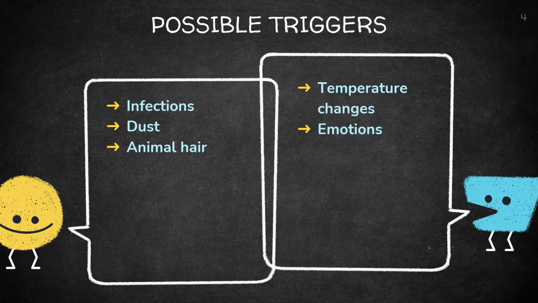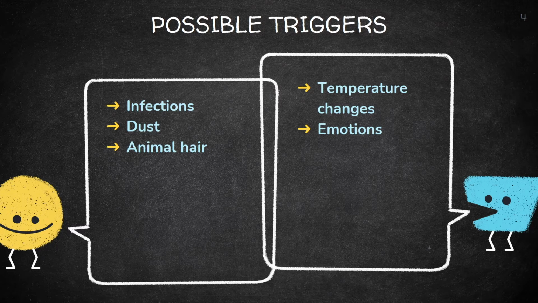Possible triggers that may be associated with asthma include things like infections, dust, animal hair. Sometimes an asthmatic attack may be associated with changes in temperature as well as intense emotions. And we can also add to the possible triggers things like stress as well.